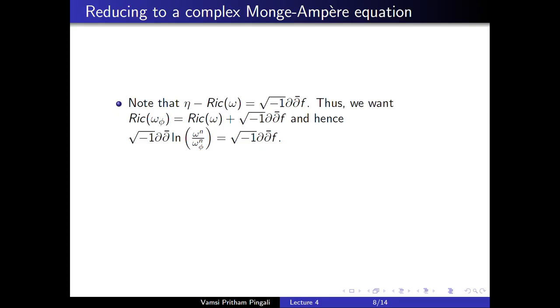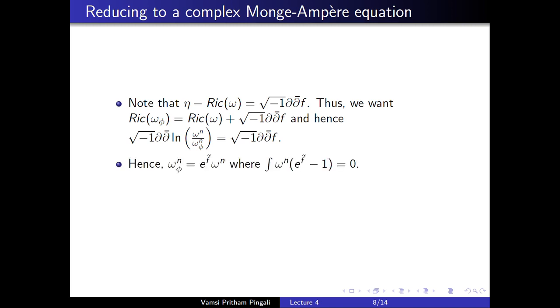So in other words, square root of minus 1 del del bar log of determinant of omega phi divided by determinant of omega, which is the same thing as omega phi raised to n by omega raised to n. Remember the volume forms of a Riemannian manifold and the relation between that and omega raised to n. It's the same calculation.